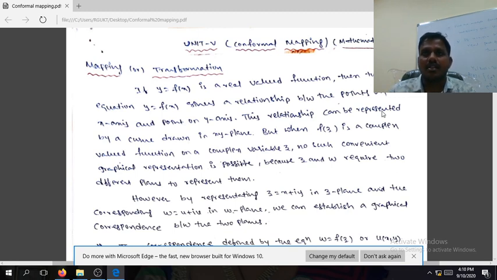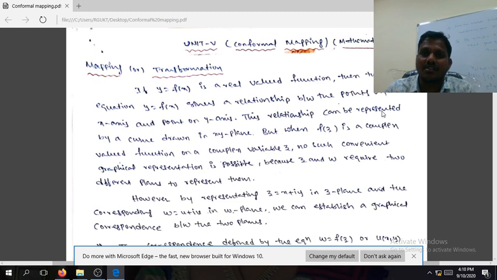That means x is the independent variable, and y is the dependent variable; y depends upon x. For different values of x and y, we tabulate the values, locate the points x comma y on the xy plane, and we can draw the graph.